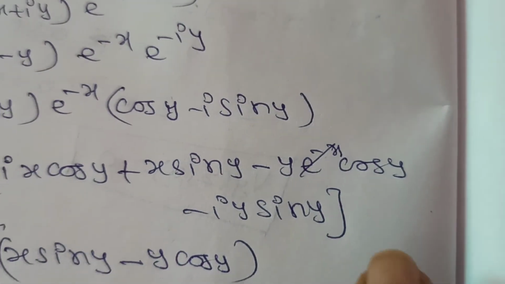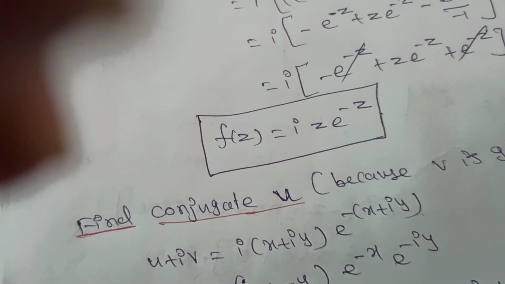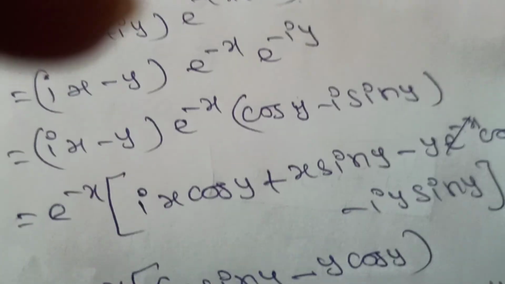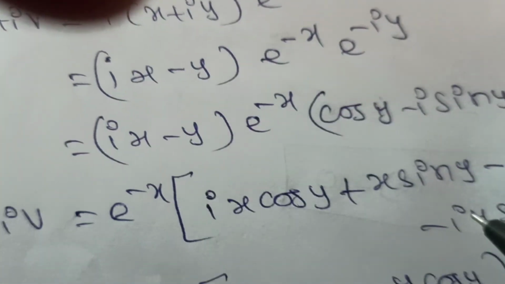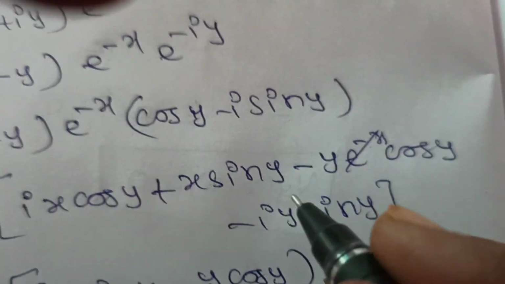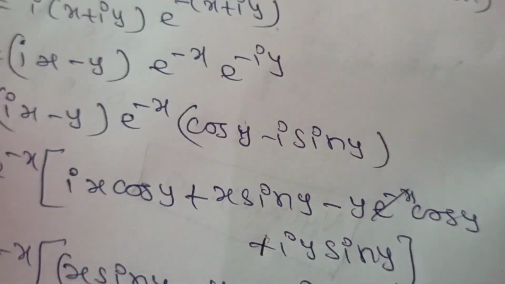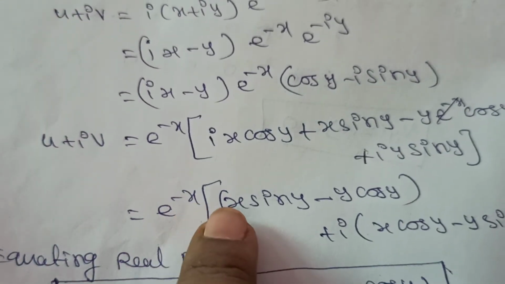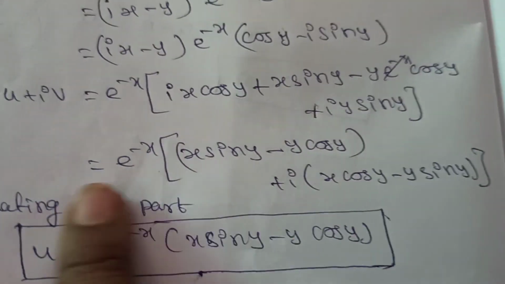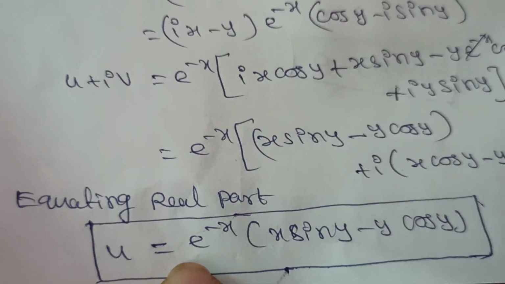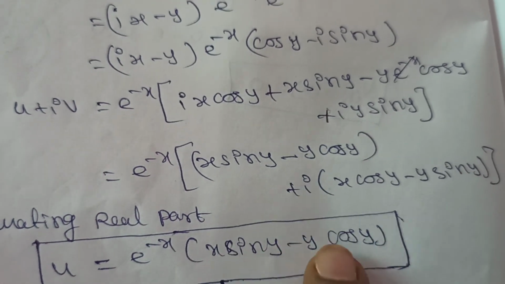Actually here it becomes plus. Therefore, e power minus x. Next, separate the real and imaginary parts and equate the real part on both sides. That is u equals e power minus x into (x sin y minus y cos y).